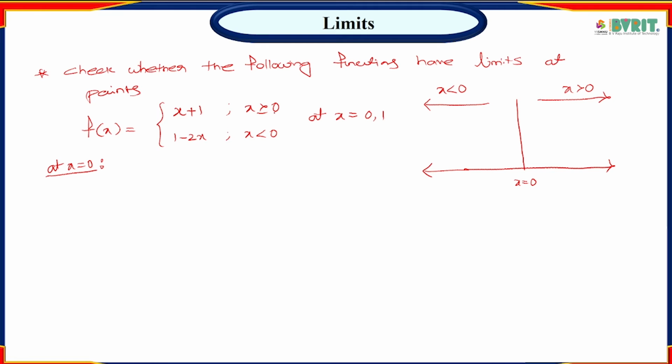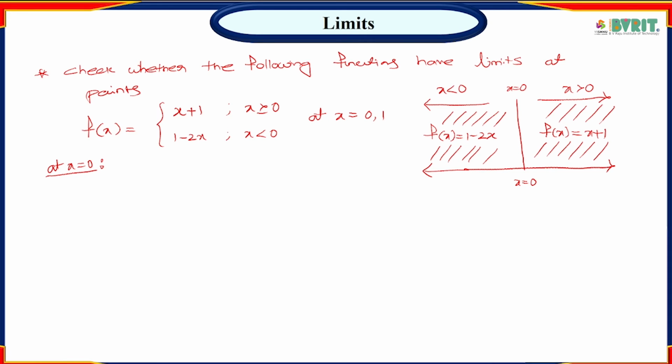For x greater than 0, f of x is equal to x plus 1. For x negative, sorry, x less than 0, f of x is equal to 1 minus 2x. Okay, is it clear? This is exactly at x is equal to 0.